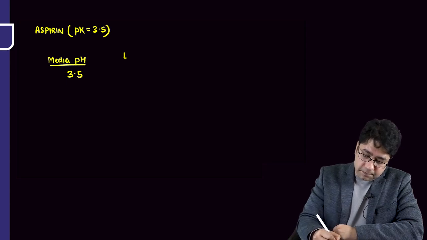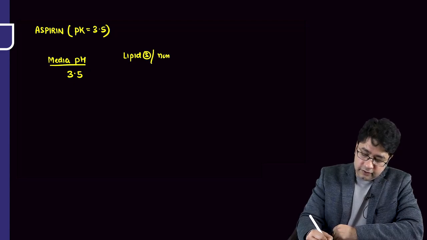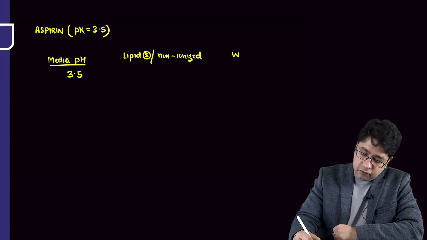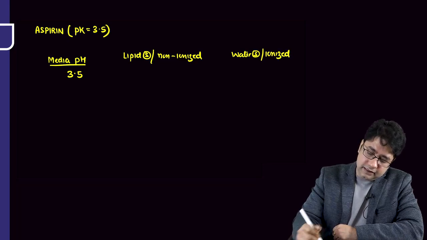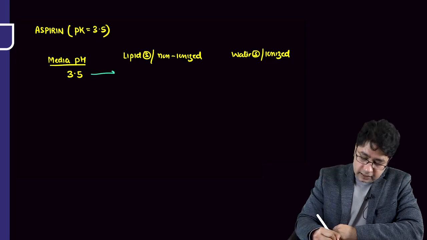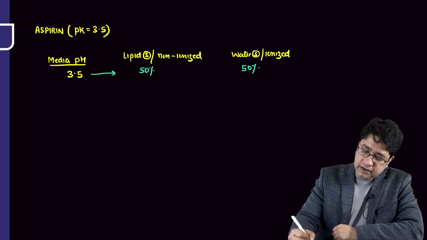So, how much aspirin will be lipid soluble, or you can write non-ionized? And how much aspirin will be water soluble or ionized? In this same media, it will be 50-50%. This is the definition of pK value.